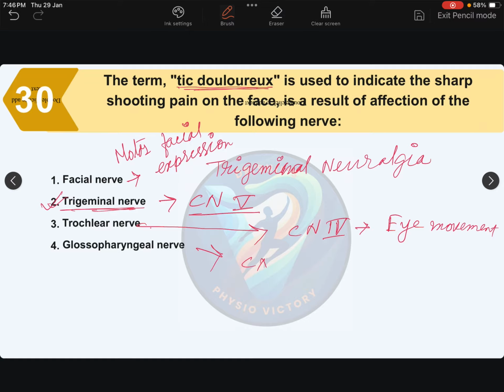Glossopharyngeal nerve is cranial nerve 9, which helps in the throat, and leads to throat and tongue pain.